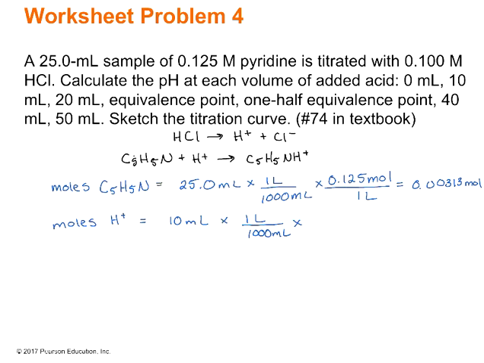And the concentration of our solution of hydrochloric acid is 0.1 moles per liter. And because this is a strong acid, we know that the concentration of HCl will equal the concentration of protons, or hydrogen ions. Okay, so we should have 0.001 moles of hydrogen ions.